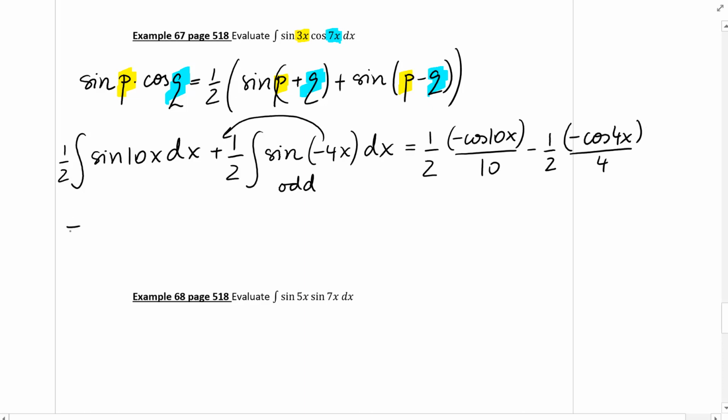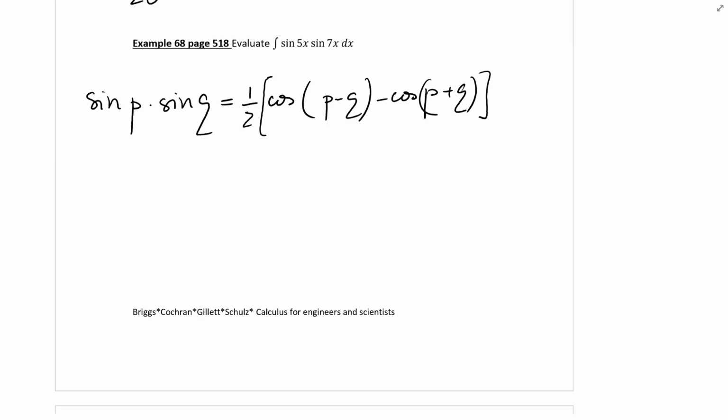So we can compute this and get negative cosine of 10x over 20 plus cosine of 4x over 8 plus c. And a quick hint for this problem, integral of sine of 5x times sine of 7x dx, you can use this trigonometric formula where p is 5x and q is 7x. I hope this helps.